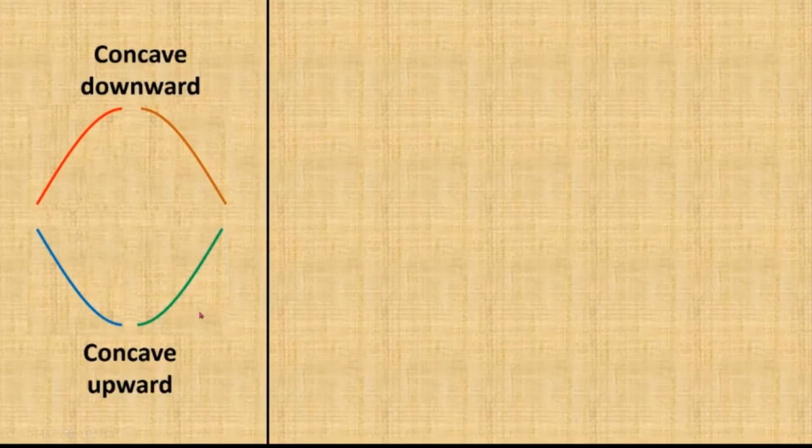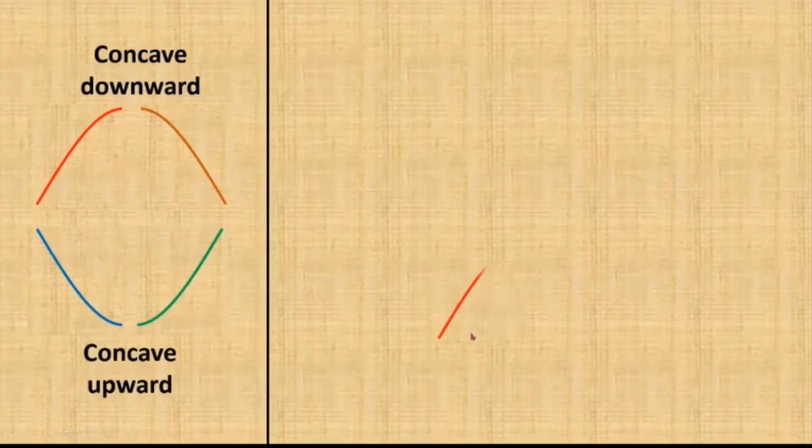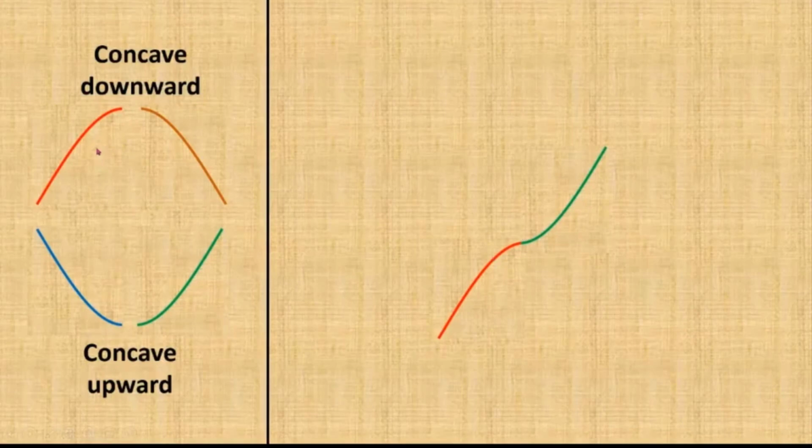Just now I used the whole bowl, but now let's say I use a part. This one is increasing concave downward. Then at this point, it suddenly changes to increasing concave upward. Both are increasing, but this one is downward. Coming from here, you see the connection is here.